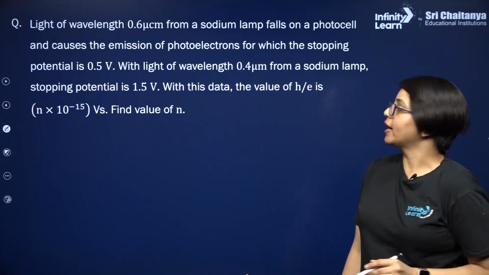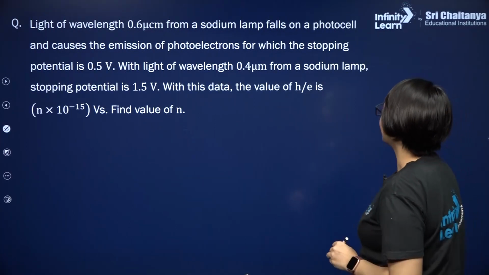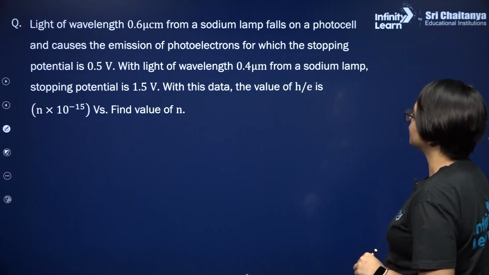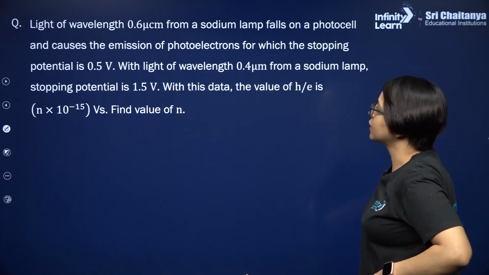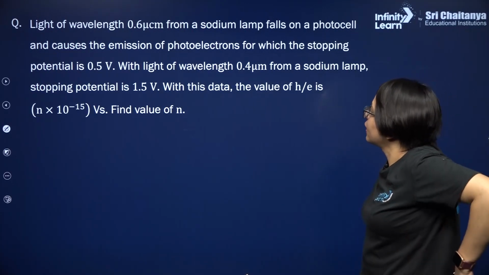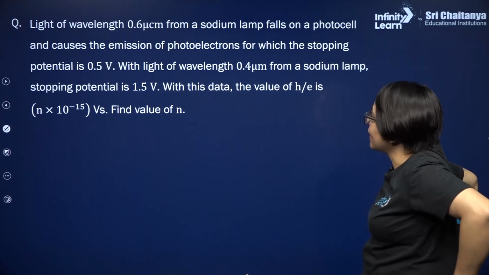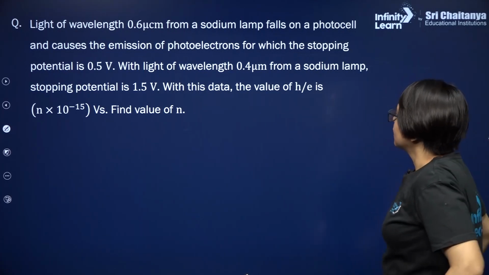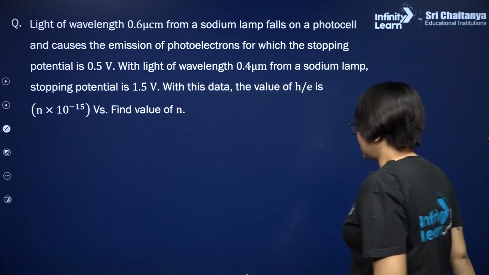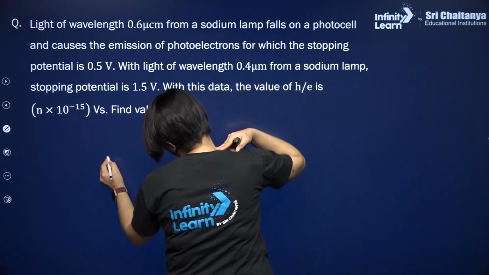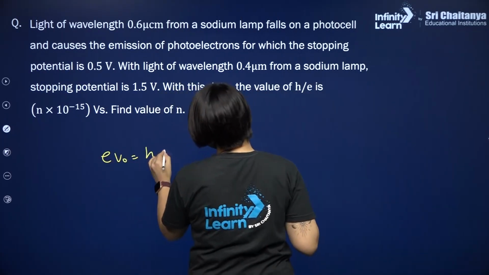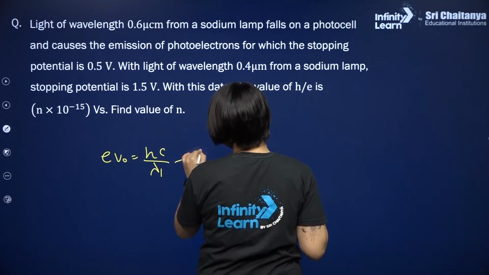Next is, light of wavelength from a sodium lamp falls on a photocell and causes the emission of photoelectrons for which the stopping potential is 0.5 volt. When light of another wavelength falls on the sodium lamp, the stopping potential is different. With this data, the value of h upon e is, so we have eV0 equals hc upon lambda 1 minus work function.